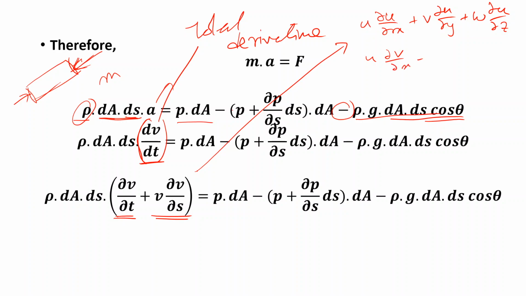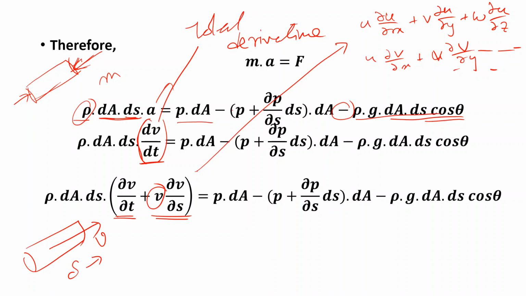But here the direction is only one, because we are not considering velocities or accelerations in x, y and z directions. We are considering velocity in the s direction, that is the direction of the stream tube. So therefore we are writing only one term where v is the velocity in s direction and del v by del s is the rate of change of velocity along that s direction, and that equals, all these terms are just same.